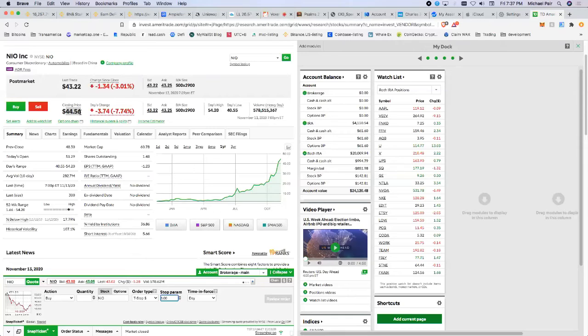So in this case, let's say the stock went to $47. Actually, let's say it went to $50. Then the stop is going to rise up to 47 because it trails by $3 behind it. So think of it as lagging behind, and you can specify how much you want it to lag behind. And that helps you as the stock continues to move up. But let's say we got this trailing stop in right now at 44.56, a $3 trailing stop.